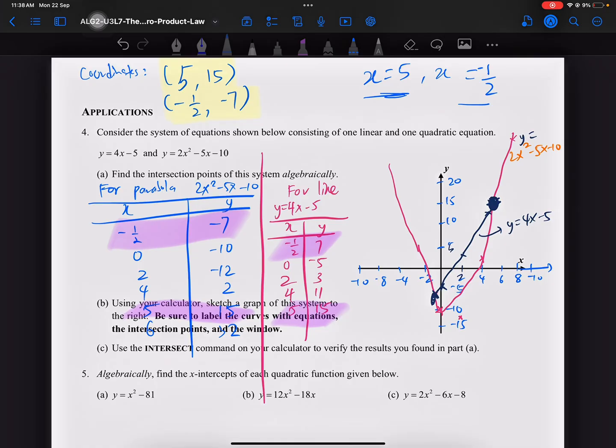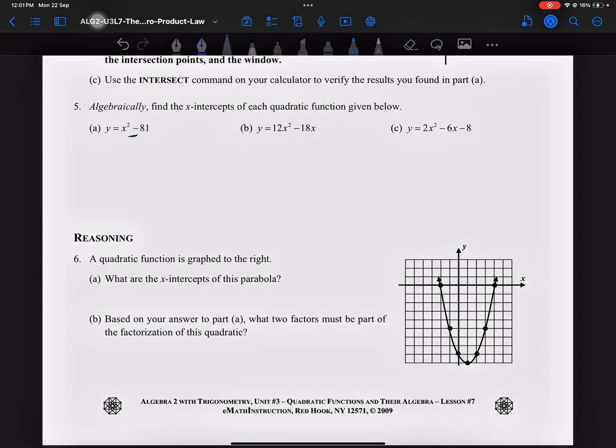The next thing is I also need to label this intersection point 5, 15, and negative half, negative 7. That's it for that. And if you have two terms only, you can try to figure out whether it is a conjugate pair: set x squared and you get x, set 81 and you get 9.